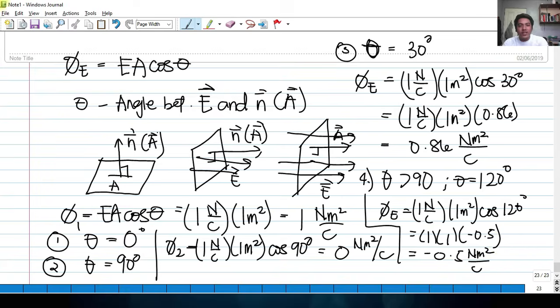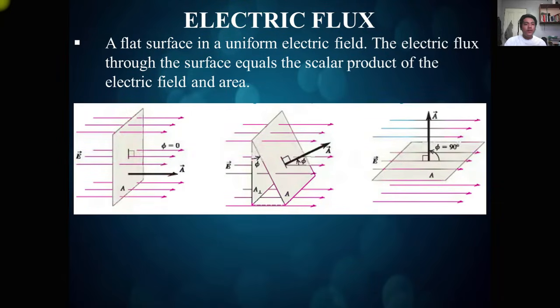Okay, so I hope you understand that. So, going back to our figure here, it basically wraps up what I've said. For the first case, here we have a plane, and the normal vector is also in this direction. The electric field is in the same direction as the normal vector because this plane faces to the right. So it has a normal vector here and the electric field is passing through here, also parallel to the normal vector.